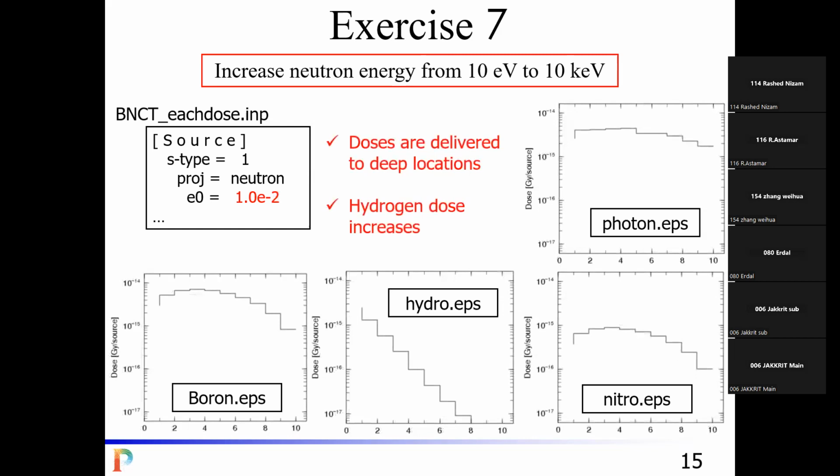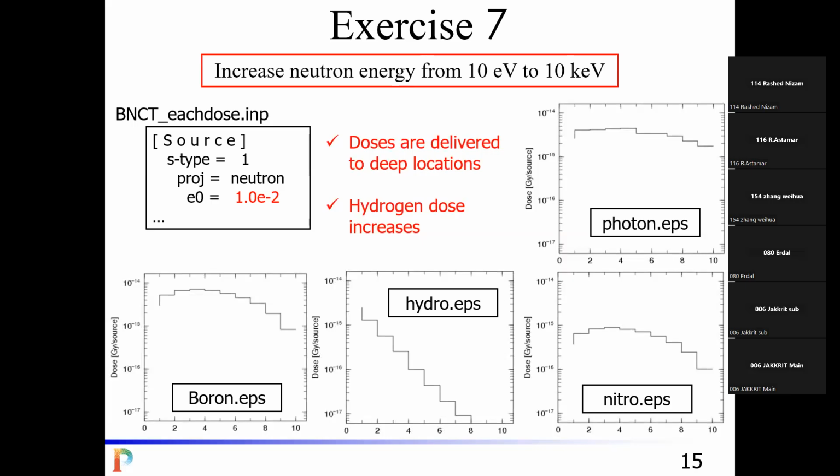I think it's a rather simple exercise. All you have to do is change the E0 parameter to 10 to the minus 2, 10 keV. Then you will get a different distribution.